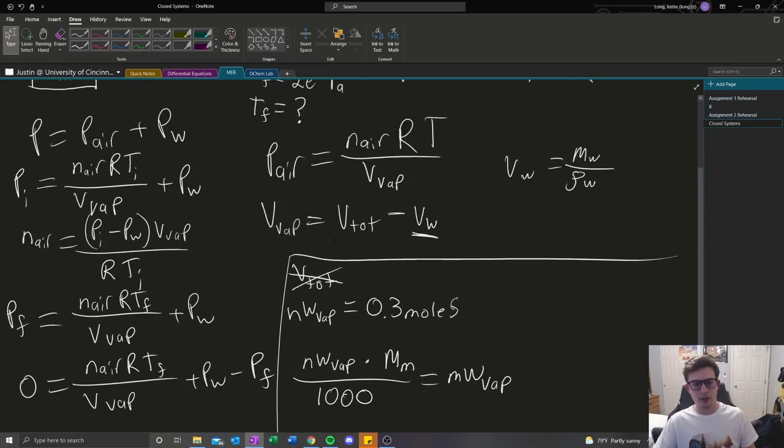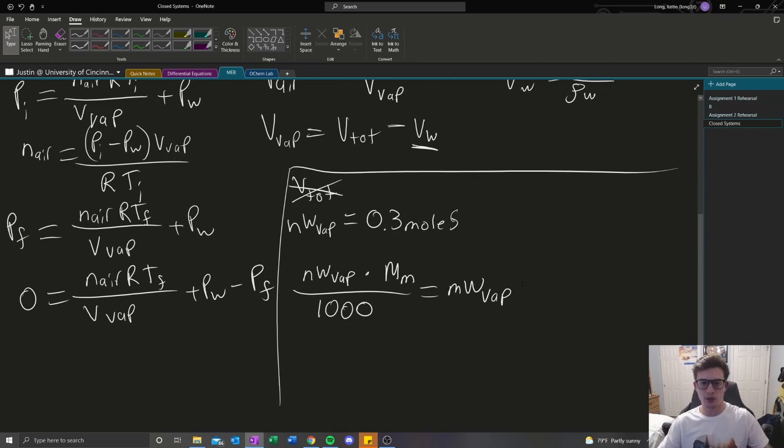And now that we have that, we can solve for the volume of water in the container. We want the mass of the liquid water minus the mass of the water vapor, and because we want volume, we divide by the density of the water.